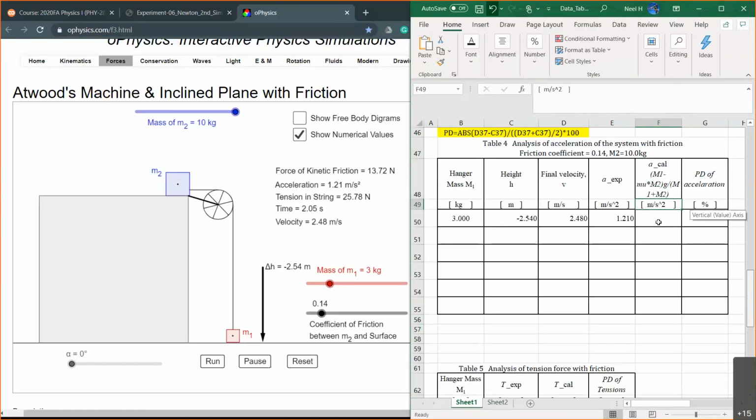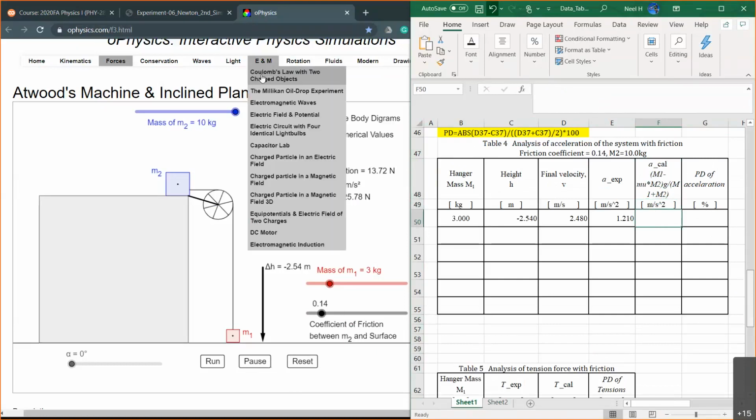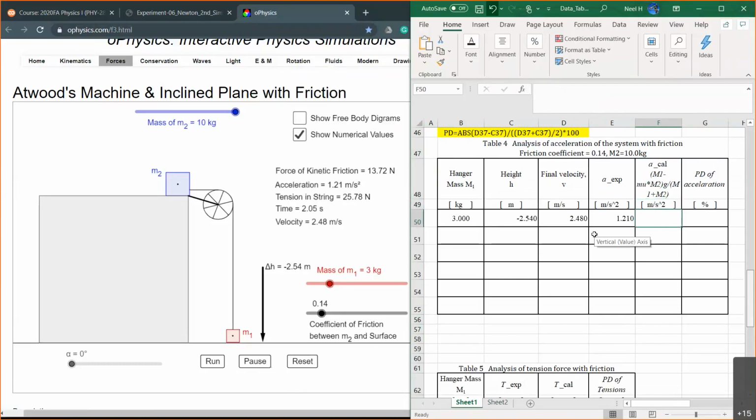Because those are directly in the theory section, in your discussion or the table anywhere, you can actually call those equations directly. Let's do that calculation. Equal sign, parentheses, M1 is cell number B50, minus another parenthesis, mu is 0.14 multiplied by M2, which is 10 kilogram.